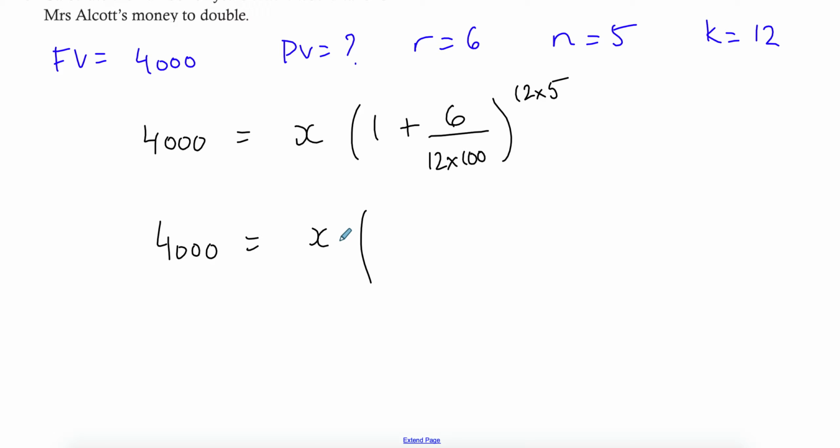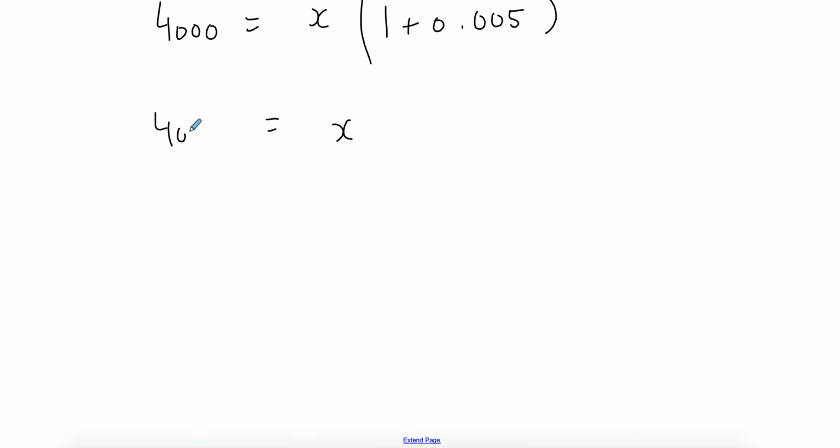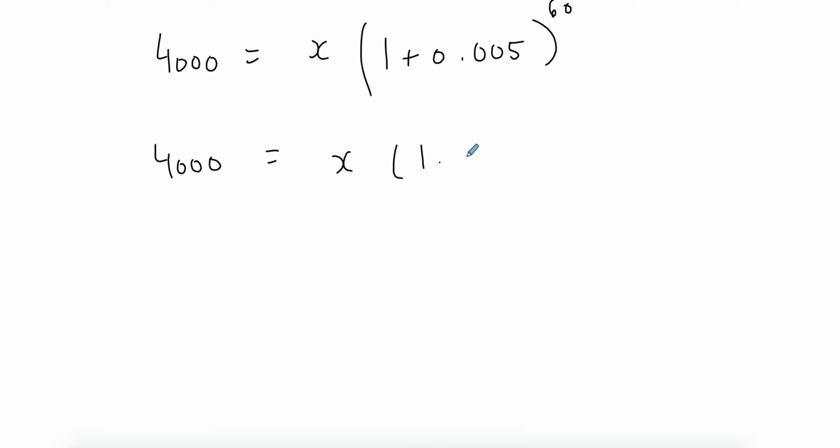So 6 divided by 12 times 100 will give me 0.005. And then the power will be 60. And this will be 1.005. Again, you don't have to do it in such a long method.